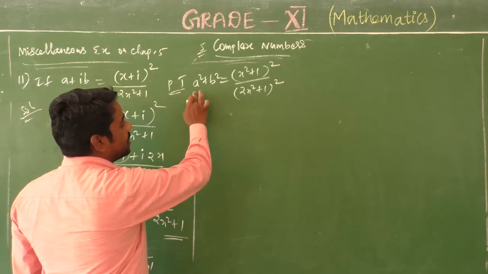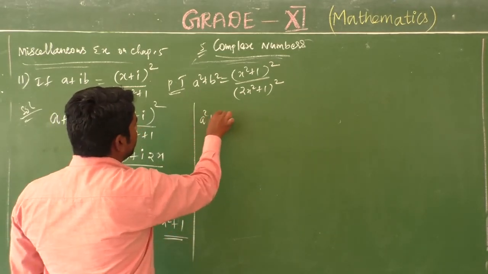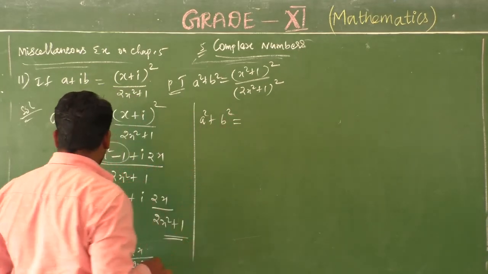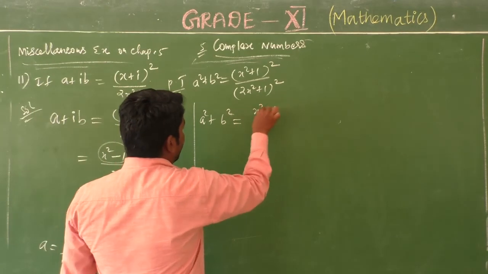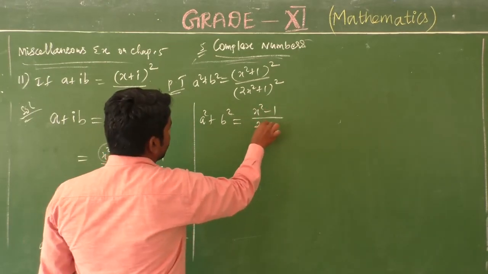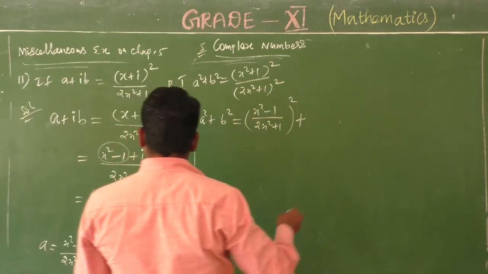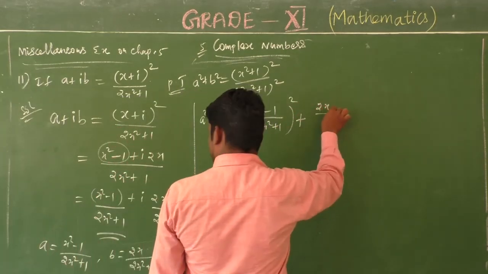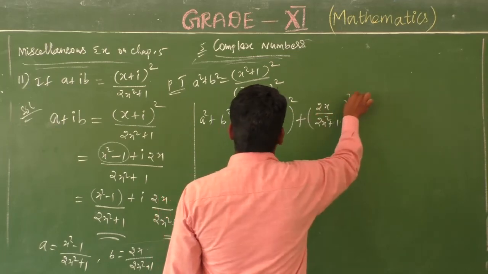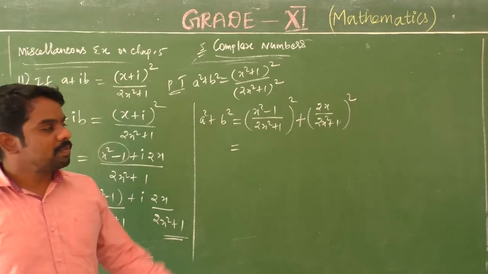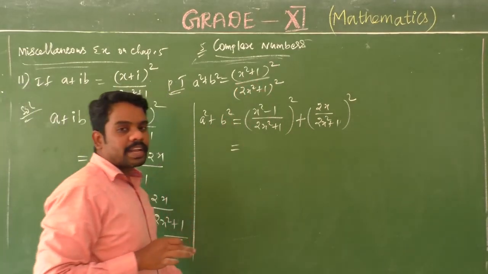Next, we need a square plus b square. So a square plus b square is equal to, here a is (x square minus 1) divided by (2x square plus 1) the whole square, plus the b value 2x divided by (2x square plus 1) the whole square.